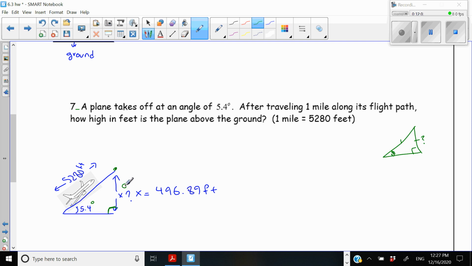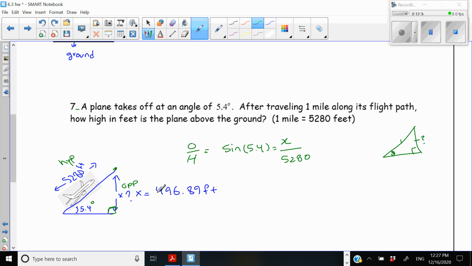And what I have here is the hypotenuse, because it's opposite the 90 degrees. So using opposite and hypotenuse, I can make my sine function. So I'm going to write sine of this angle, which is 5.4, is equal to the opposite side. We know that sine is opposite over hypotenuse. So the opposite side, let's call that x, over the hypotenuse, which is 5280.